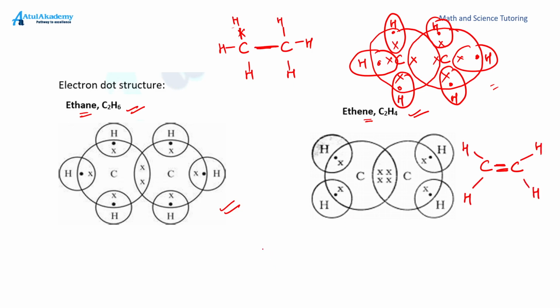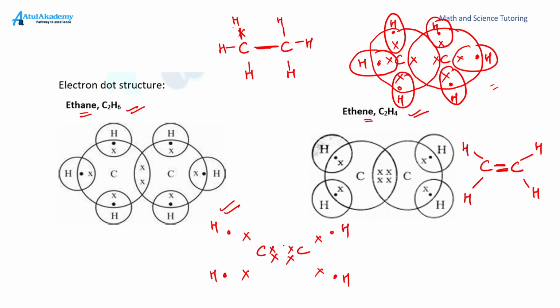So let us convert it into electron dot structure. So carbons together with each other, they share two electrons, and over here we will have hydrogen. So over here we will have hydrogens.